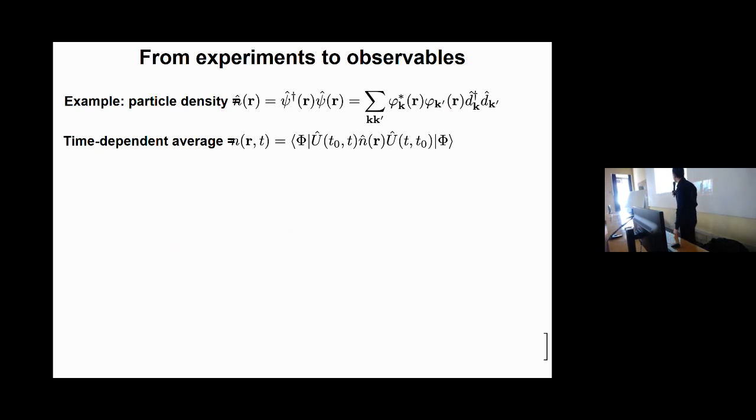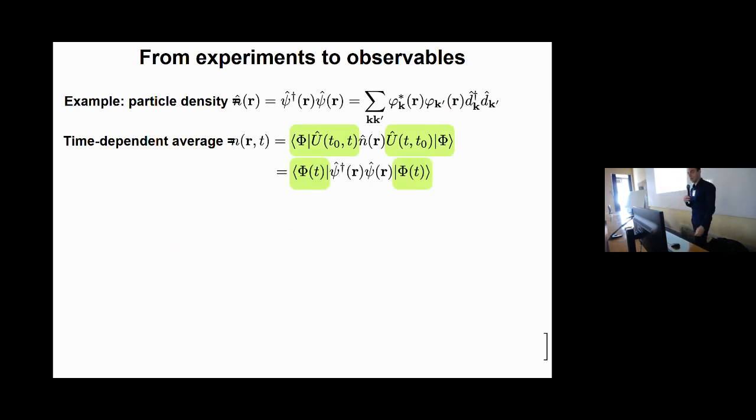The time-dependent average means that we have to evolve the state from which we start, could be this capital phi, from some time t0 to some other time t. The reason why this evolution might not be trivial is because you are shining a laser on your system, and then you average the density operator. So this is your goal, to calculate this object.